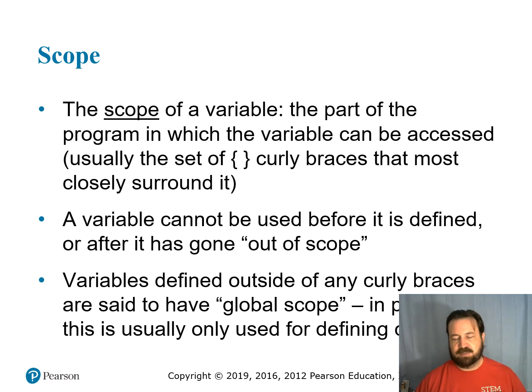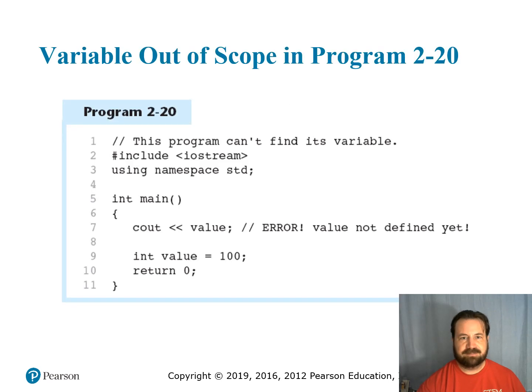And that makes sense because you don't need to redefine g every time you write a new set of curly braces. This is an example of a value being out of scope because it hasn't been defined before it was used. We have to take this int value equals 100 and move it up here before cout can use that value.